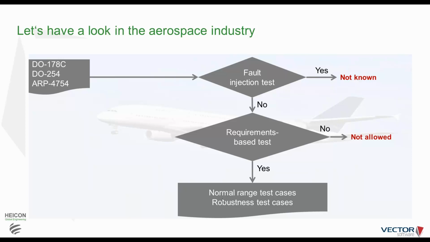These are the two terms I get in aerospace: I have to do normal range tests and I have to do robustness test cases. I don't find fault injection testing. So somehow I believe, and it's an assumption, that normal range test cases and robustness test cases have to cover the fault injection testing.